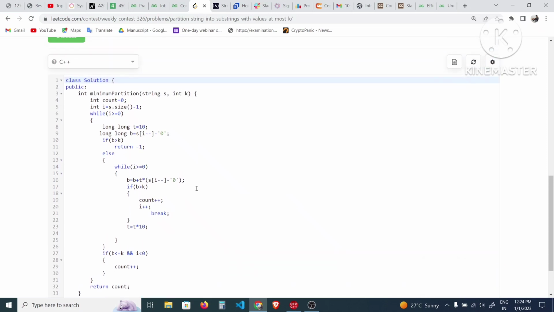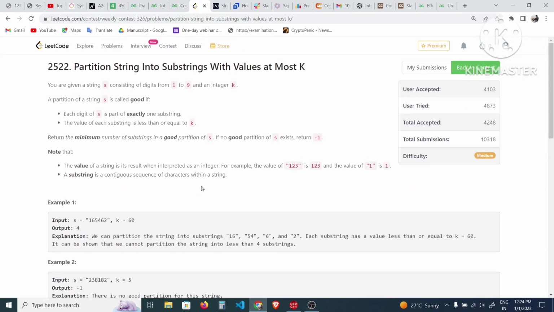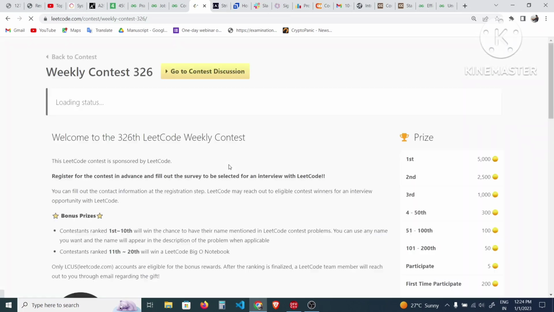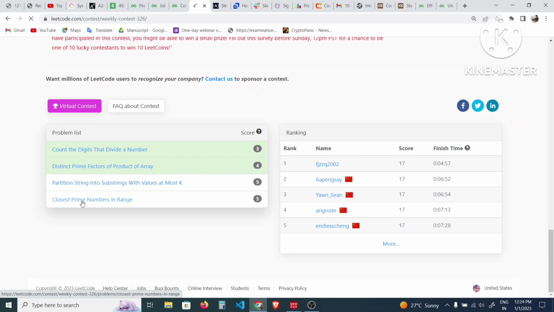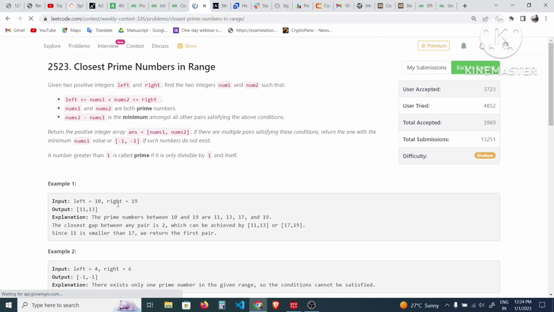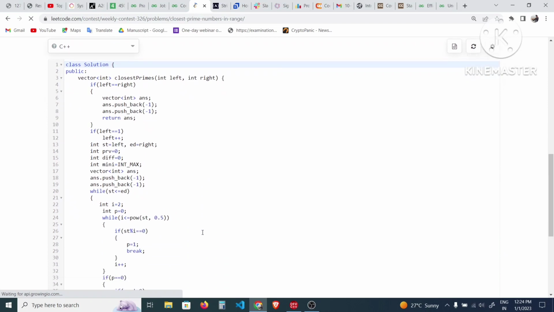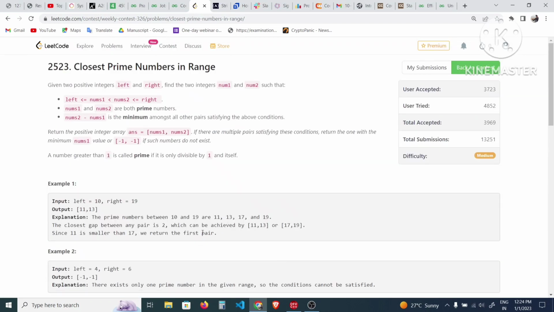Let's move to the last question of this contest. This is the last question of today's contest.